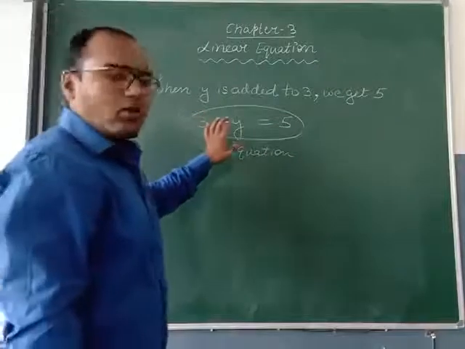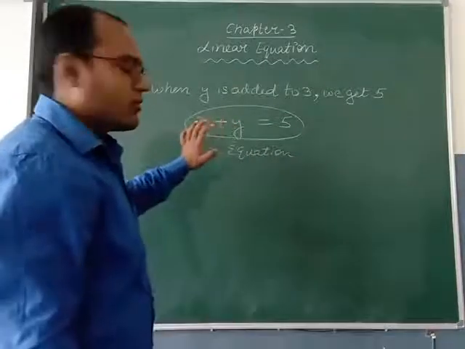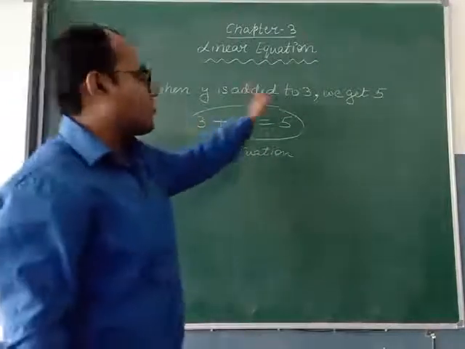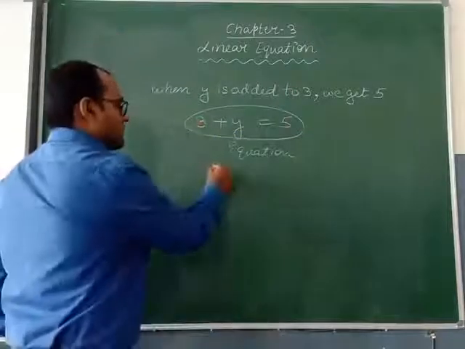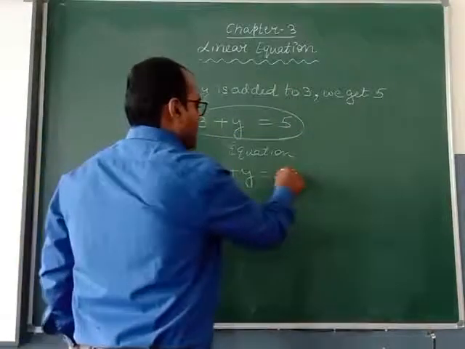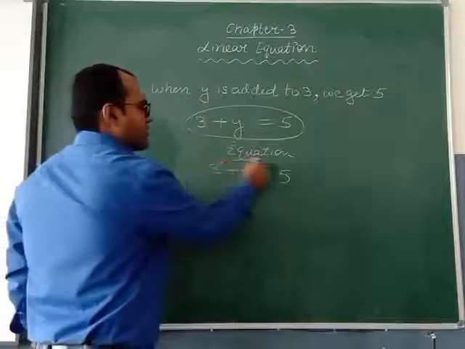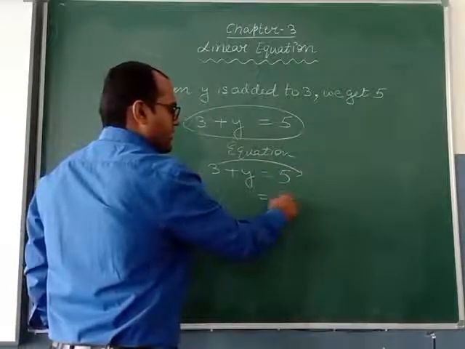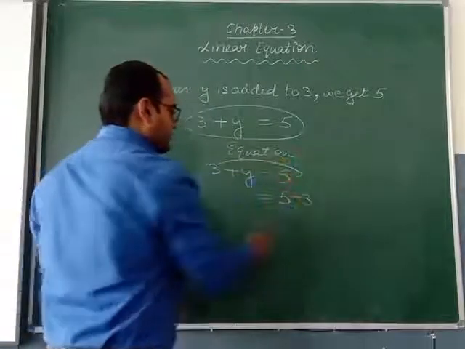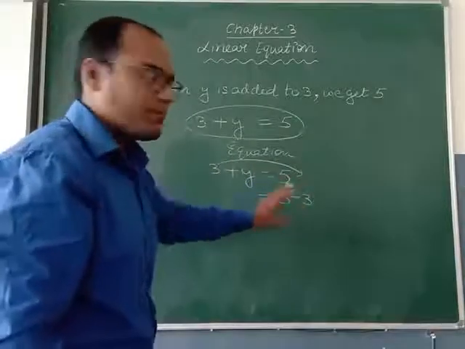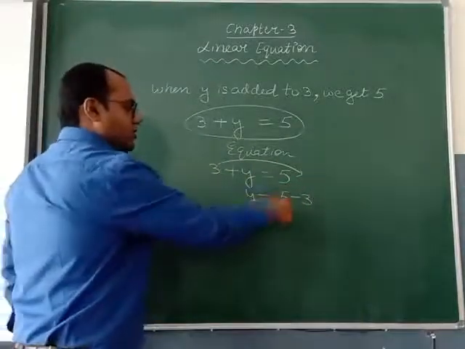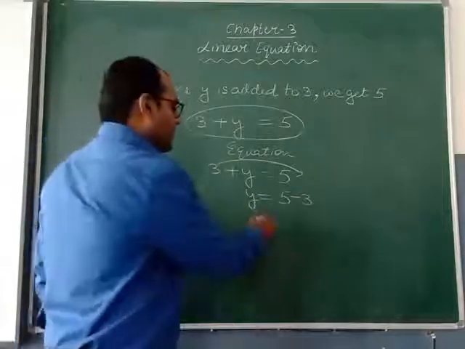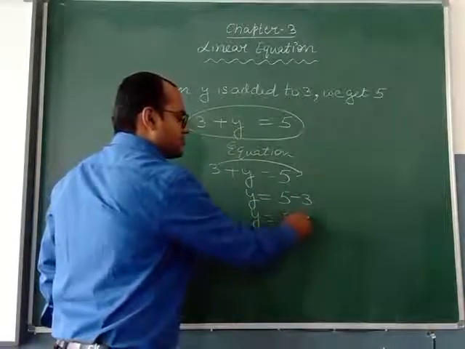Now if we solve this equation, this 3 we will bring on the right hand side. This is 3 plus y is equal to 5. When we bring this 3 to the right hand side, it will be written as 5 minus 3. Plus 3 will come on the right hand side as minus 3. So y is equal to 5 minus 3, which is 2.